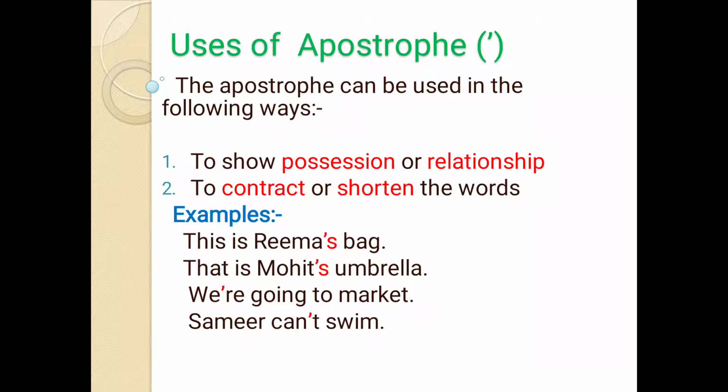These are two contractions. We have combined two words in these two words. In the first, we're is made up of two words, we plus are, and can't is made up of can plus not. And by using apostrophe, we have shortened these two words. Now let's learn something more about apostrophe.